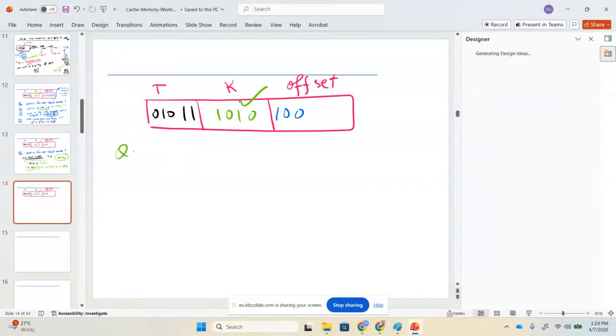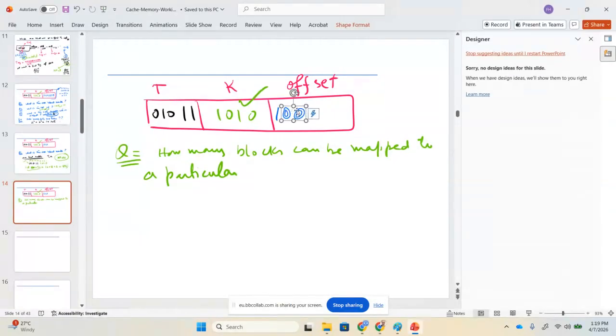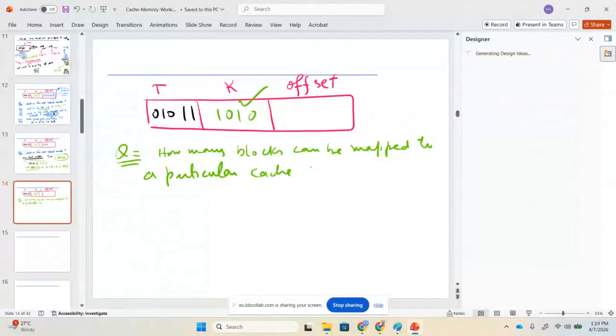How many blocks can be mapped to a particular cache set for this main memory block address?